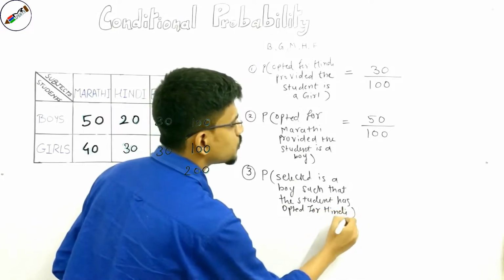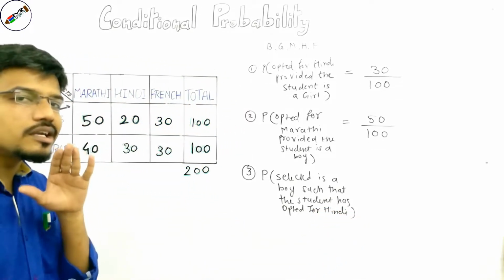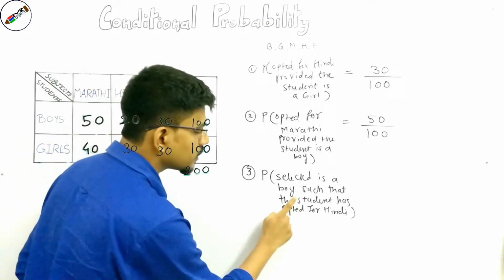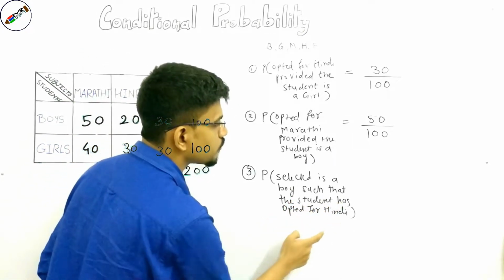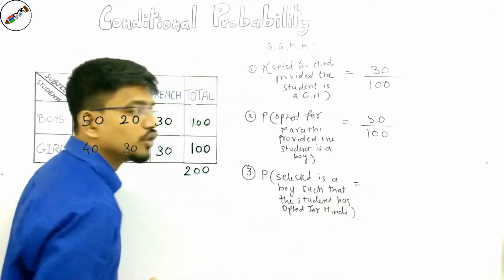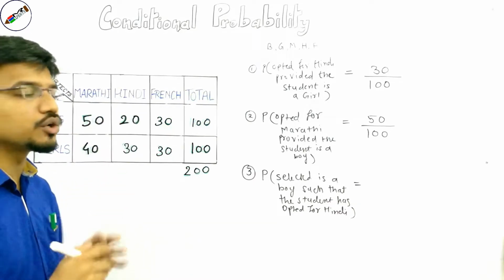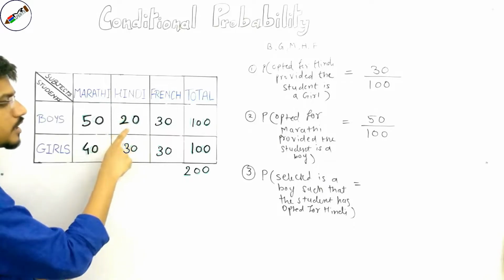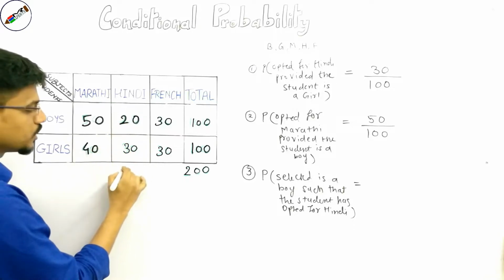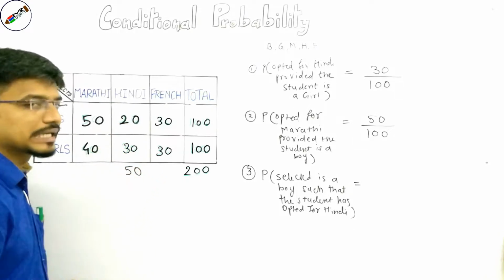Now you can see the provided condition over here is that the student has opted for Hindi. So you have to check how many have opted for Hindi in total. You can see 20 plus 30, 50 have opted for Hindi.